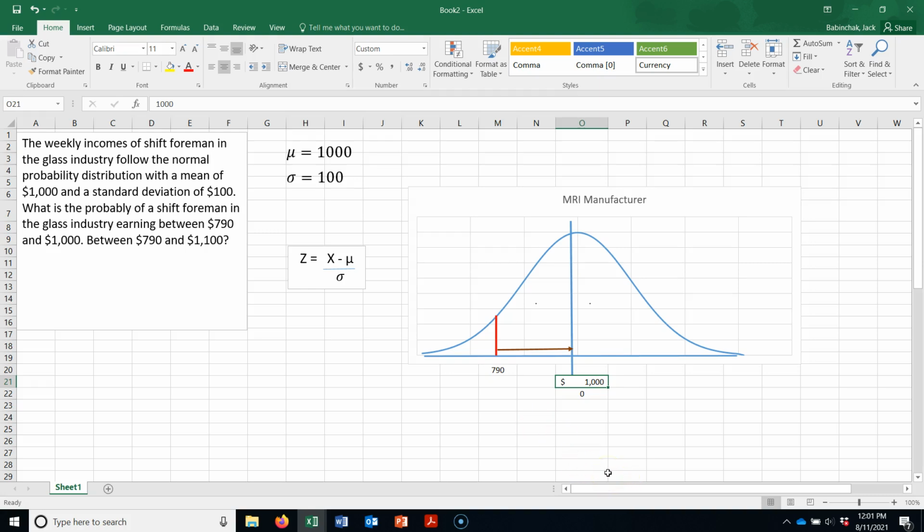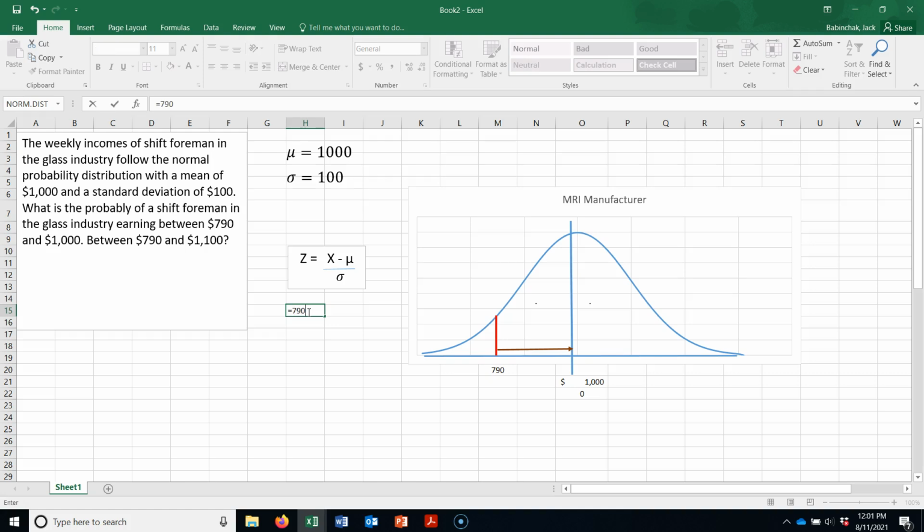So all we really have to do is plug in our numbers for the z-score. In this case, we'll figure out for 790, which is our observation here. So it would be 790 minus 1,000 divided by 100. I'll just do that down here.